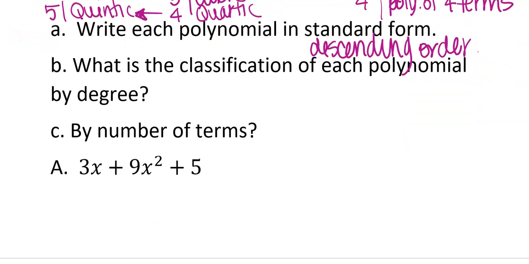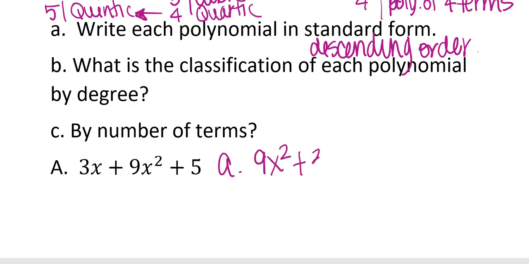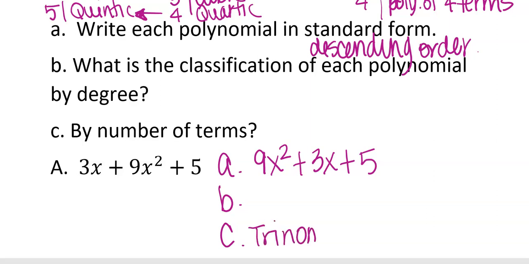All right, so for A, is this thing in descending order? Nope, so let's put it there. So I'm going to put the highest exponent first, then the x, then the number. So if there are 3 terms, what's it called? Trinomial, that's part C. And what's the highest exponent? 2.